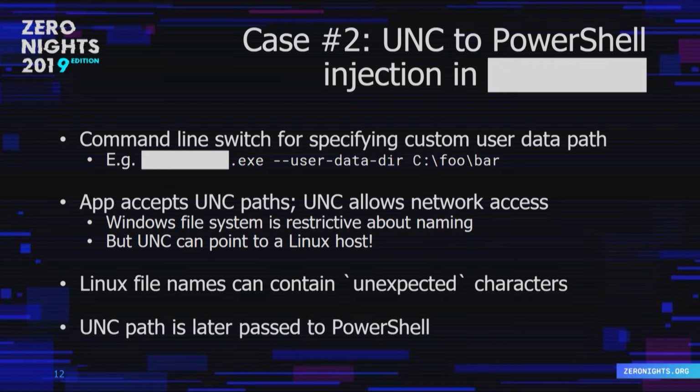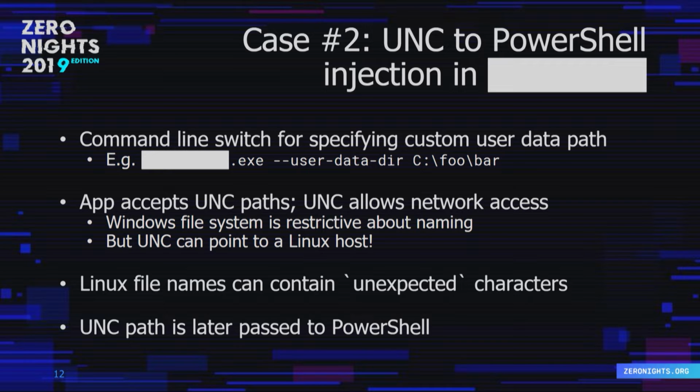What turned out interesting was that the developers had made some assumptions related to how Windows processes local paths. So Windows is fairly restrictive when it comes to file system paths. You can't have too many special characters in directory names, for example. But when you have UNC paths, you can have files that are somewhere remote, and the remote server doesn't have to be a Windows.